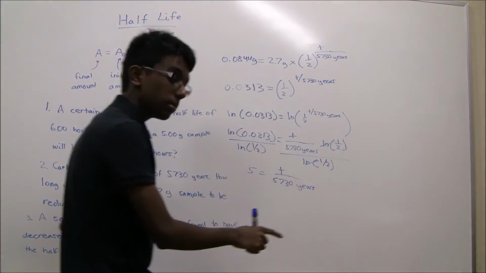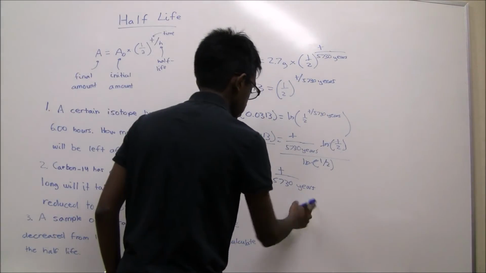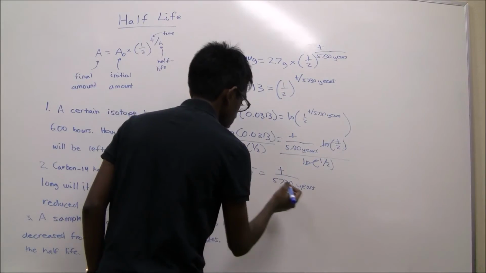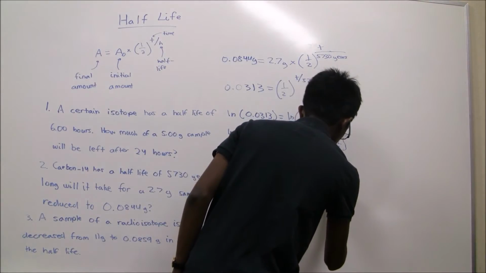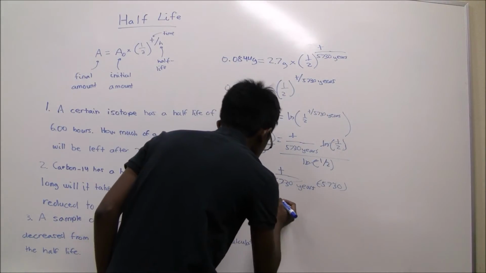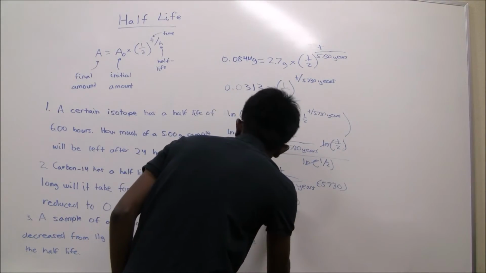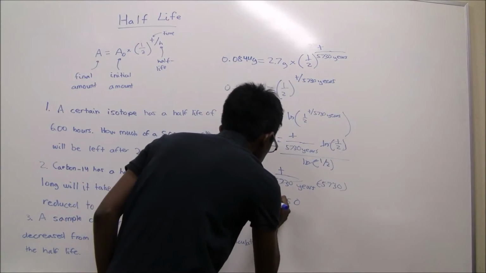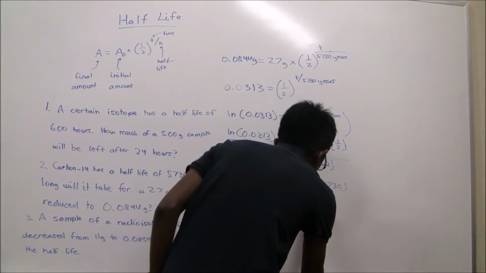I can multiply by 5,730 years on both sides. This cancels with that. So t equals, I think, 28,650 years.